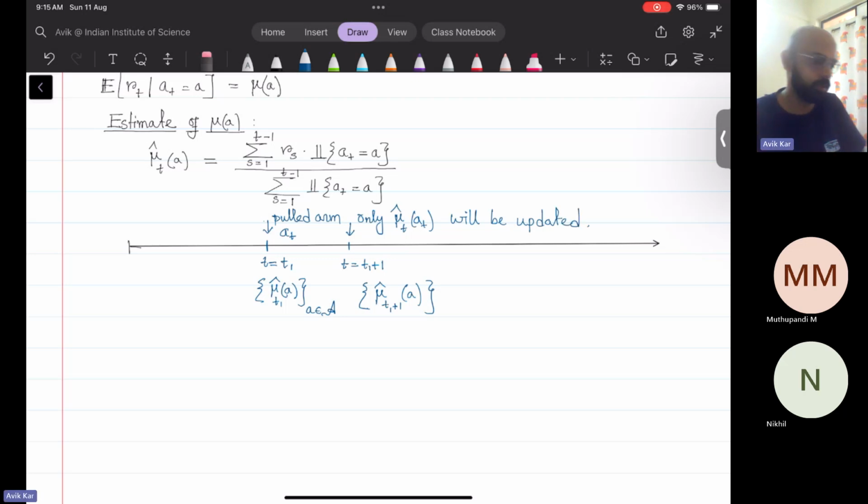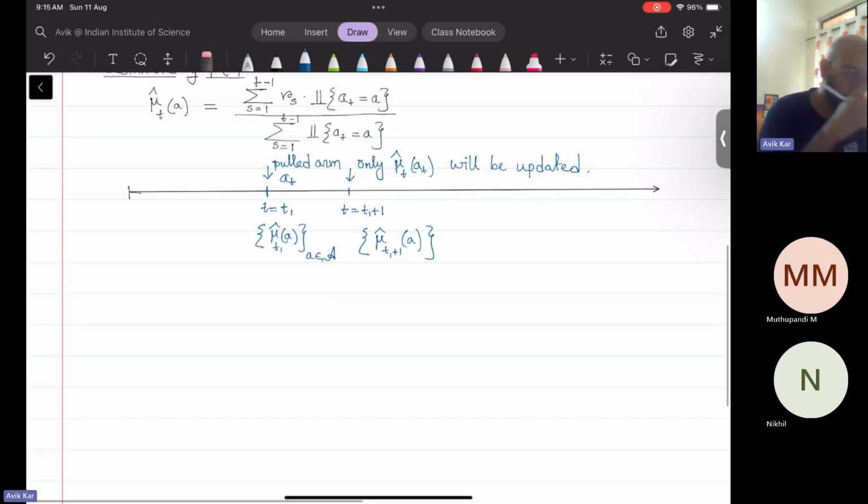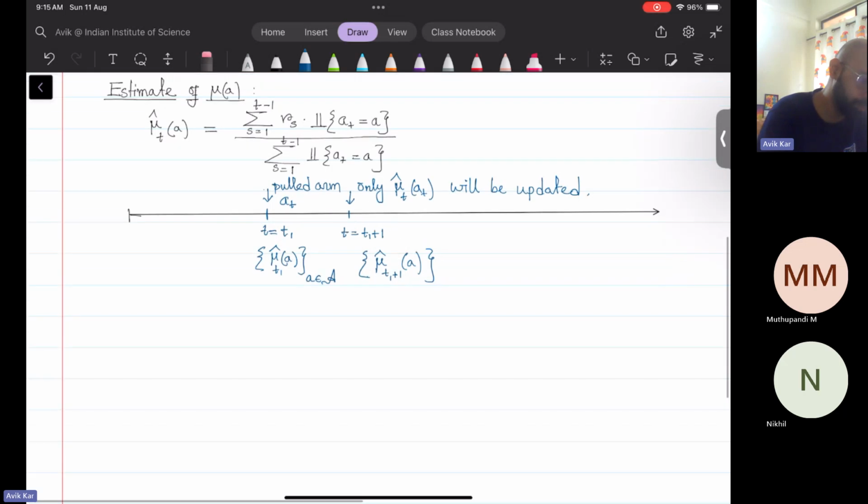So here you have done an incremental algorithm, right? Is it covered, this incremental algorithm? Can you remember that? Anyone?